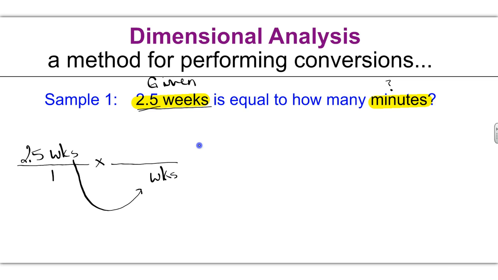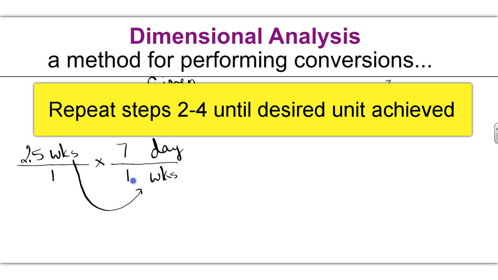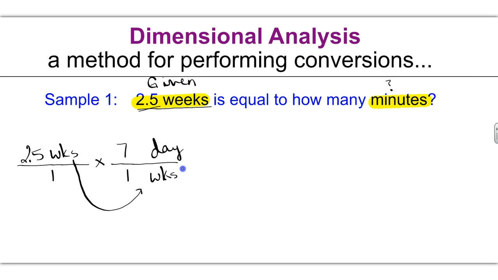I now want to use what's called a conversion factor. I'm going to go from weeks to something that I know is an equality, days, because I know that in 1 week there are 7 days. Times, draw a line, starts the third step, and I want to take the unit from my second step that's at the top, and I want to bring it down.